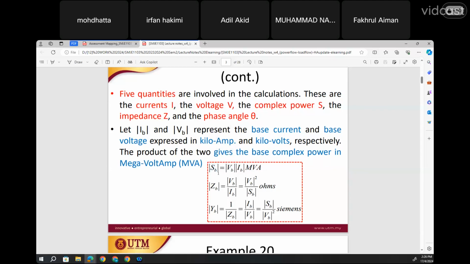Referring to the equation of apparent power, voltage multiplied with current, if we consider this the base apparent power, we must use the base voltage and the base current. But in most questions, S base is given. The one that we try to calculate is maybe this or this one, based on the given information.